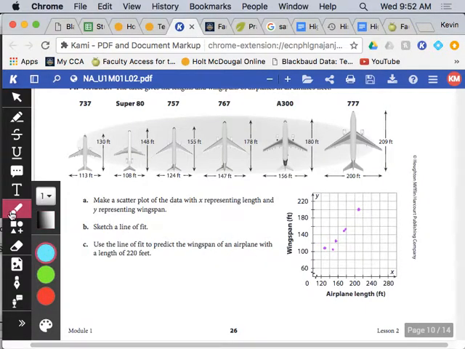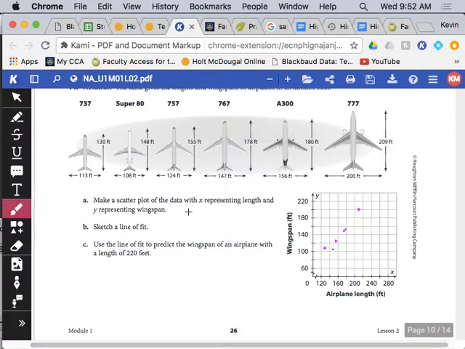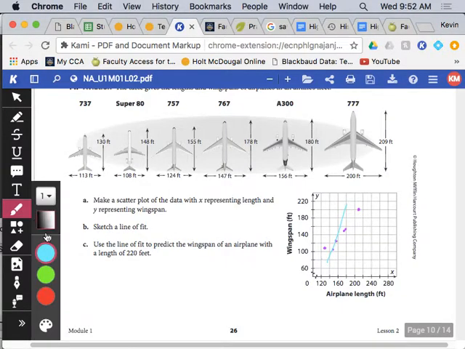So line of fit, let's talk about it here. Who thinks that's a good line of fit? Raise your hand. Okay? Who thinks that's a good line of fit? Raise your hand. No one. Okay, I'm going to sketch 3 lines of fit. I'm going to do this one here, the blue one.